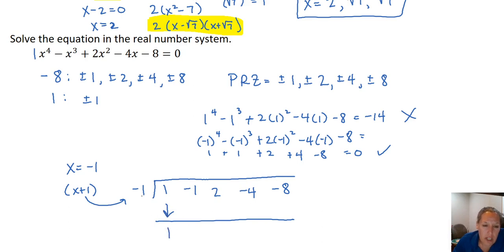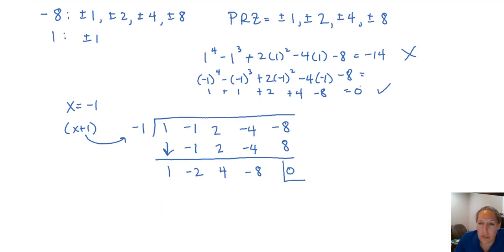Our 1 comes straight down. -1 times -1 is -1. -1 plus -1 is -2. That's going to give us a +2, +4, -4, -8, +8, and 0.